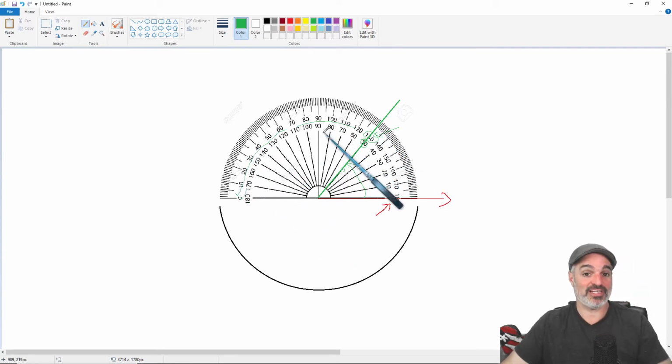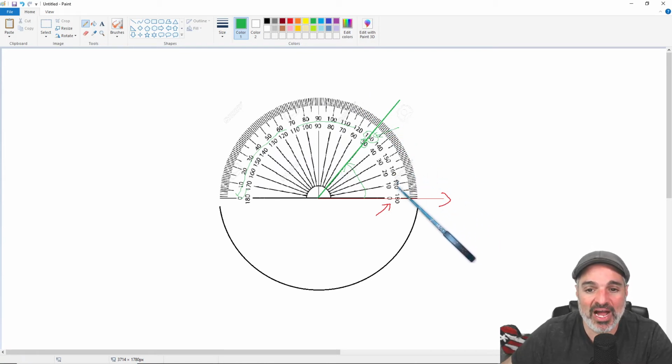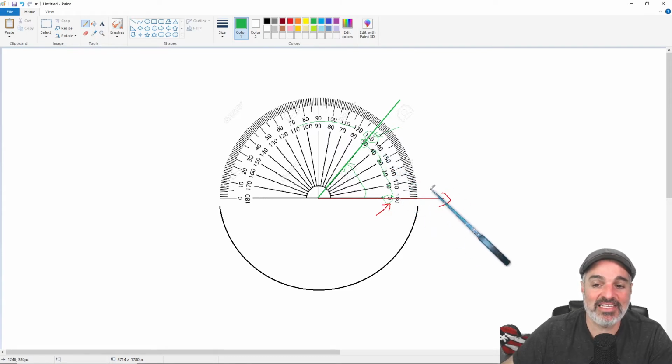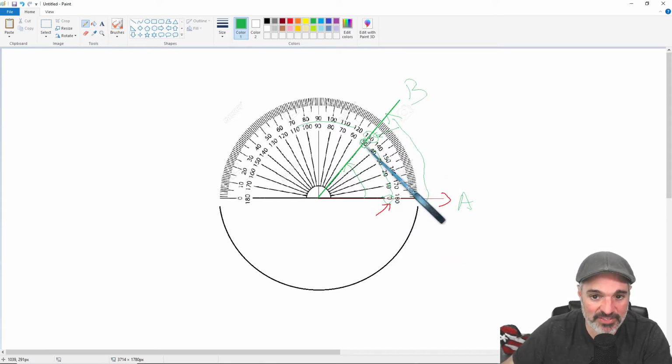That 130 is if I'm using the other side of the protractor. So I have to start counting from 0 here and go 10, 20, 30, 40, and 50. So that distance from this first ray A to ray B is 50 degrees, because I can read 50 here.